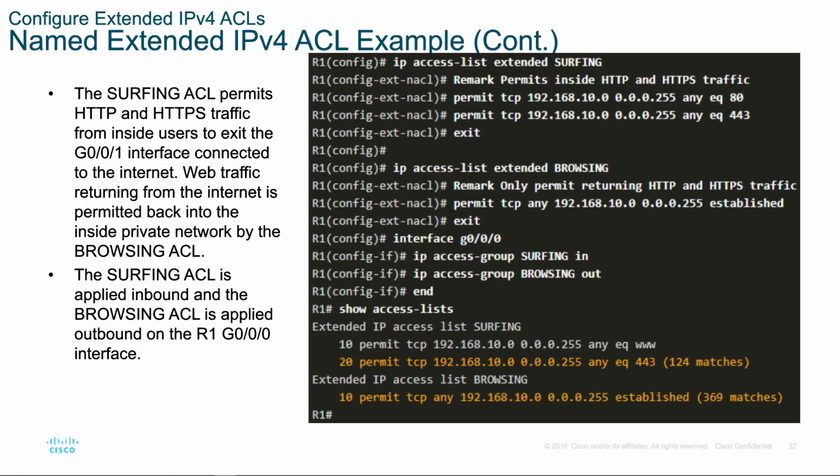So as we exit, we create the extended surfing ACL, which permits any inside traffic to go to any outside web page, be it secure or insecure, so port 80 and 443, from our network. So our internal network is 192.168.10.0 to any internet address equal to port 80 and 443.